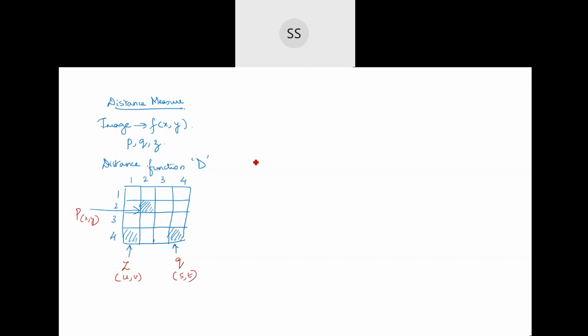Now to define the distance function, I have some properties. There are 3 properties which say that the distance between 2 pixels, don't look into this diagram, just imagine some random pixels which are placed, can be greater than or equal to 0.